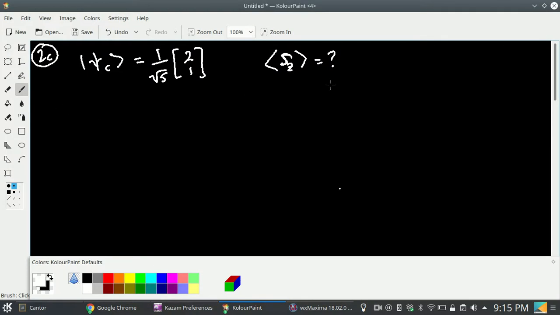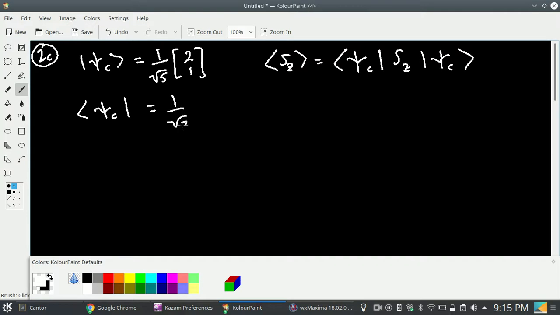So I'm going to do this guy right here, just like you did. I'm going to call this C because it's part C. Except I'm going to make this the bra, so the bra is 2, 1, like that.